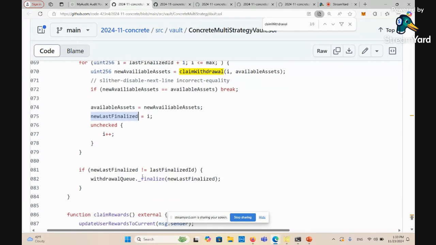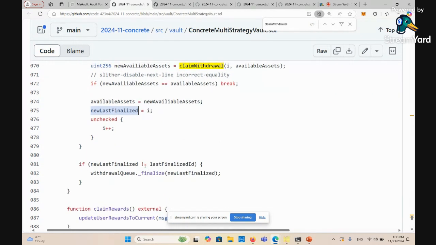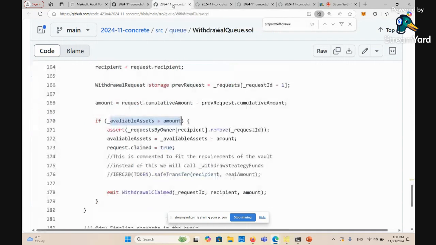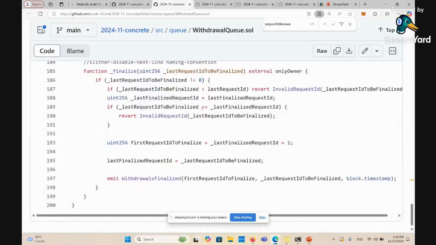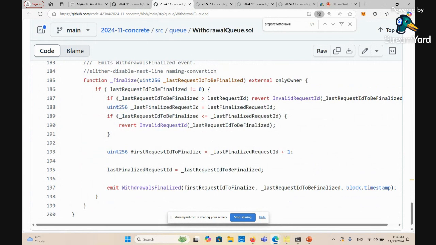So one more thing, we have one more check. If the new last finalized ID is not equal to the last finalized ID, that means we indeed finalized at least one request. So if that's the case, we are going to change the last finalized ID by using this. This function simply advances the finalized ID.